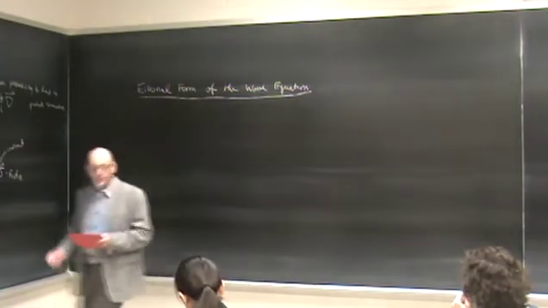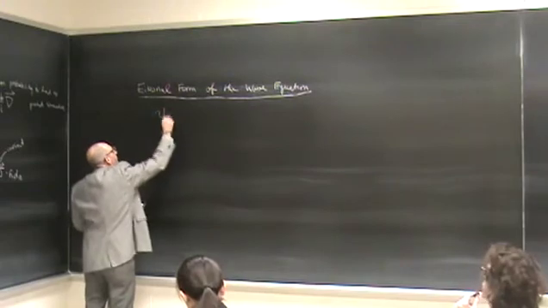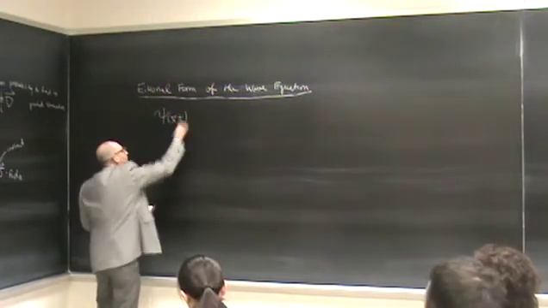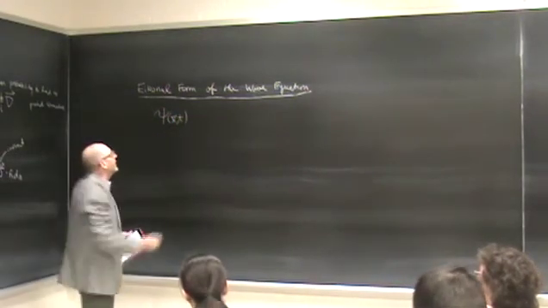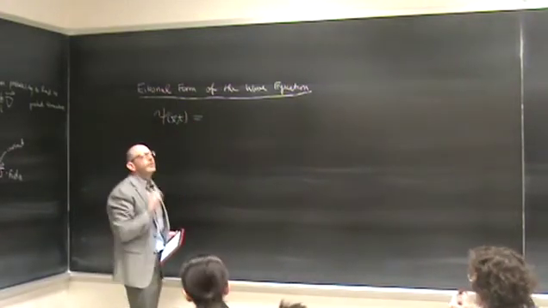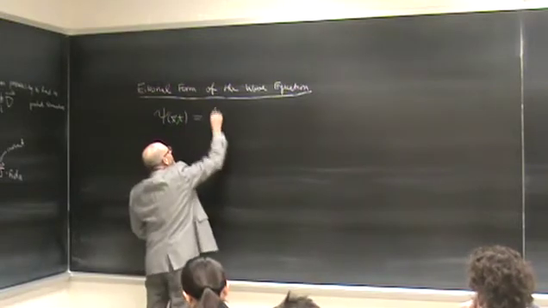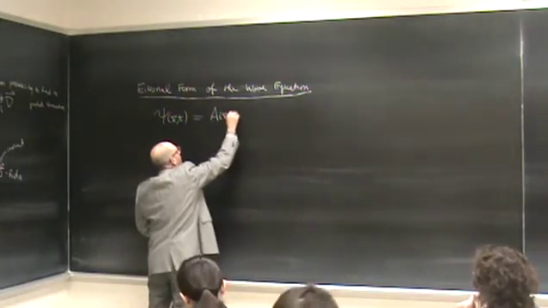Okay, so what's the eikonal form? I'm going to express the wave function, it's a complex number. It has an amplitude and a phase, right? A magnitude and a phase. So I'm going to write it as a real amplitude and a phase.